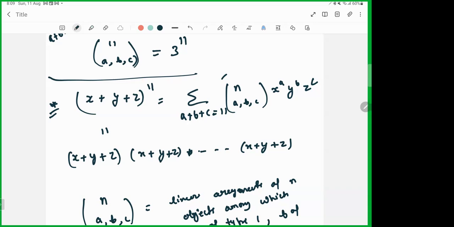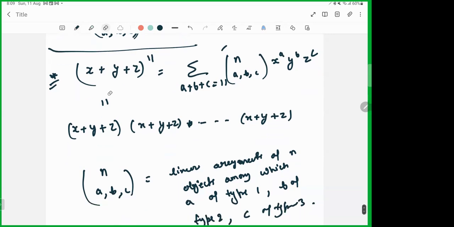So a plus b plus c should be 11 in this case also. Correct? Are you getting it or not? You can revise it again sometime, check, and let me know if it is not clear. But this should be clear now.